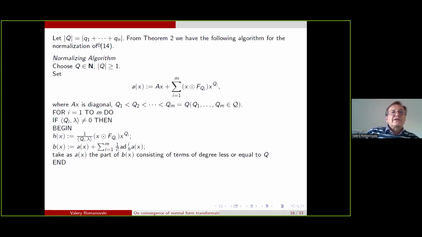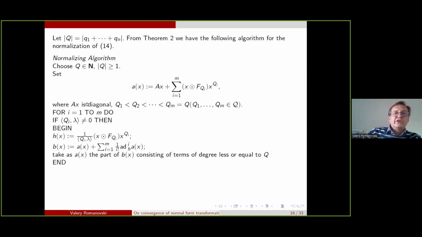And how does the algorithm work? So let's take Q. Recall that the absolute value of Q is computed in this way, where Q1 are just the coordinates of vector Q. And we are given such a polynomial vector field, and we would like to compute the normal form of this vector field.